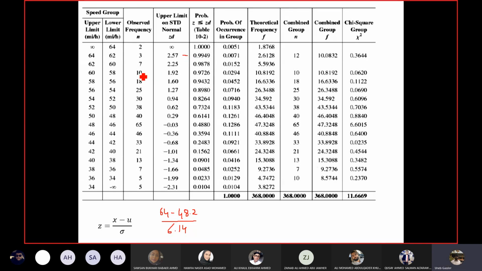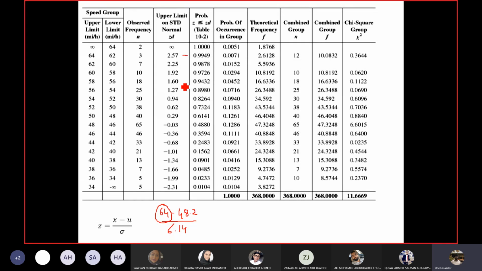For the next group, obviously, mean and standard deviation will not change. You will only change this value. So instead of 64, it will be 62, then 60, then 58, and so on. For each case, you will just change the upper limit and calculate the z value for each group. Then we have a z table.